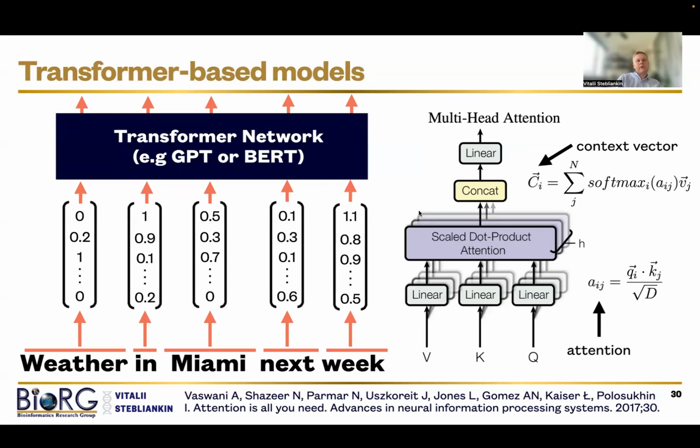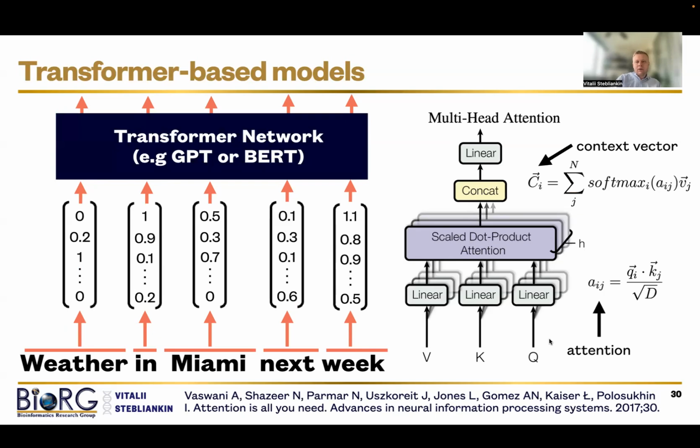The key component of transformers is multi-head attention. Each input vector is linearly transformed into three vectors, V, K, and Q, which stand for values, keys, and query vectors.